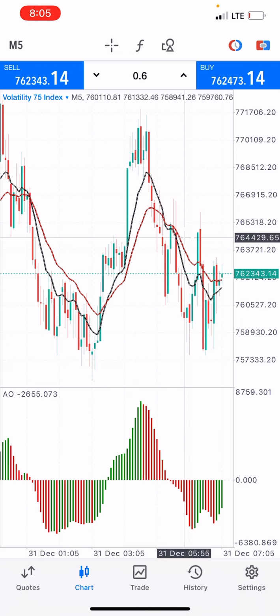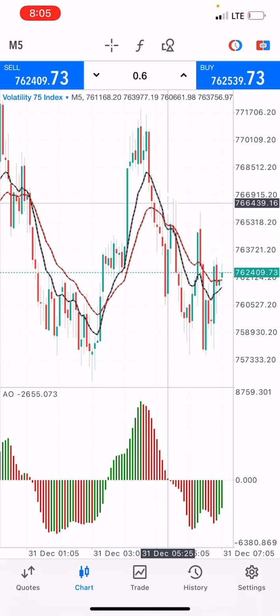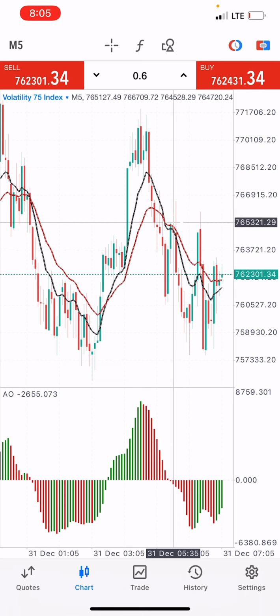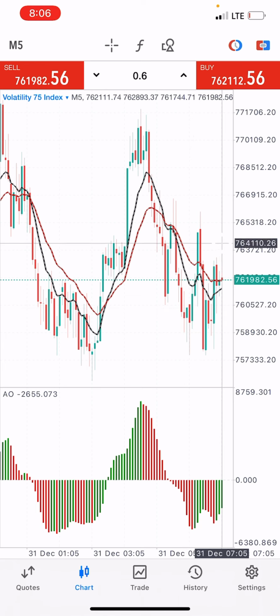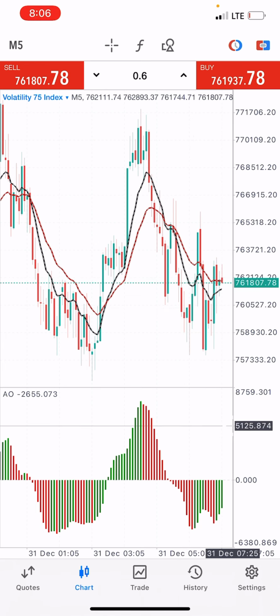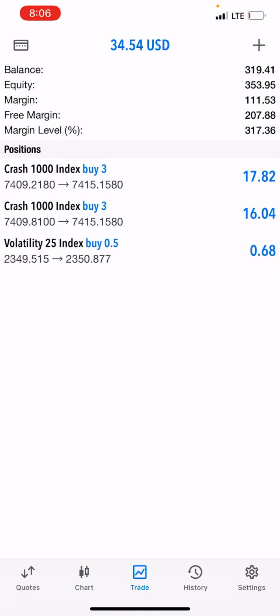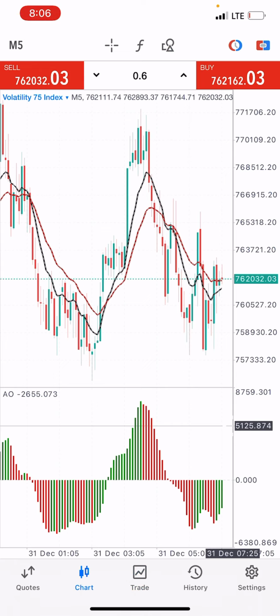Volatility 75 index is very volatile, so as soon as you enter at this point, you make your profit. With this powerful strategy, you make profit for yourself. You can see we're in profit for the volatility 25 trade that we took. Guys, set your indicators and start making money too with this powerful strategy.